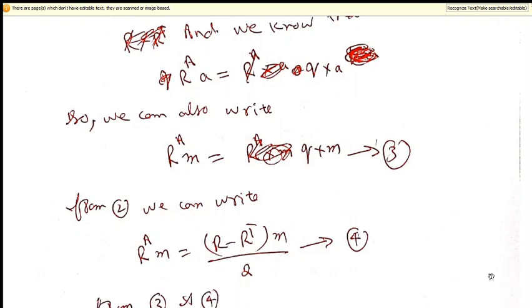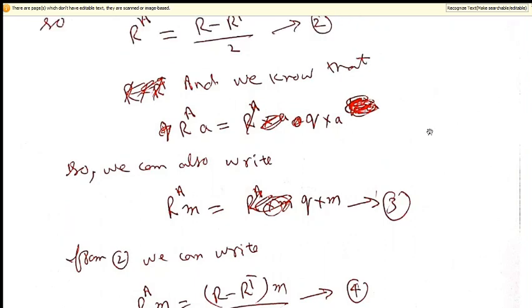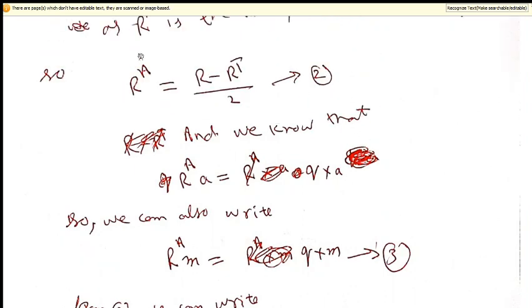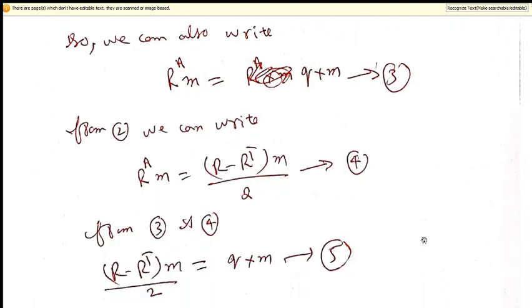RAM equals R minus R transpose over 2 into M. We have applied this tensor on the same vector M. RAM equals R minus R transpose divided by 2 into M. Now we can write from 3 and 4 this equals this.